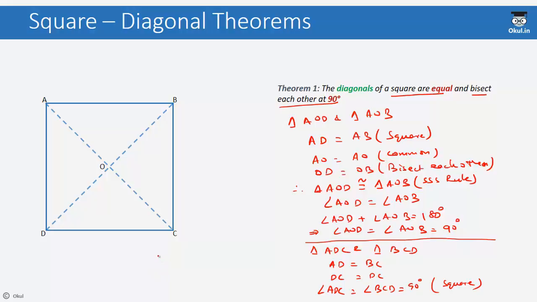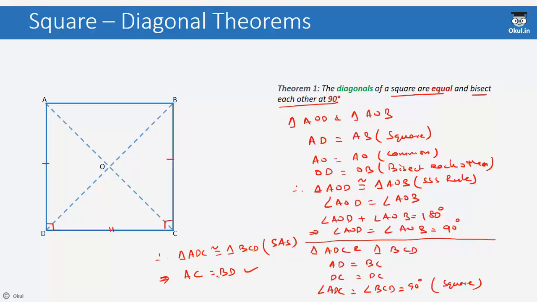Therefore, I can say that triangle ADC is congruent to triangle BCD by SAS rule, which implies that AC is equal to BD, which are diagonals of the square ABCD. Therefore, the diagonals are also equal.